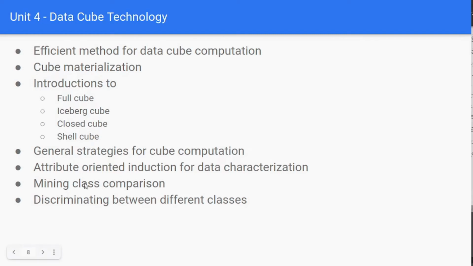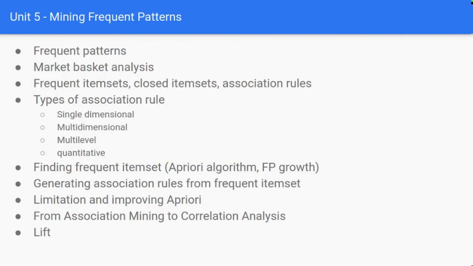In the very last, I think mining class comparison and then discriminating between classes just lays out the foundation for us. Okay, so next we will start soft. We'll start with what mining really is. We'll just play soft balls here, right?